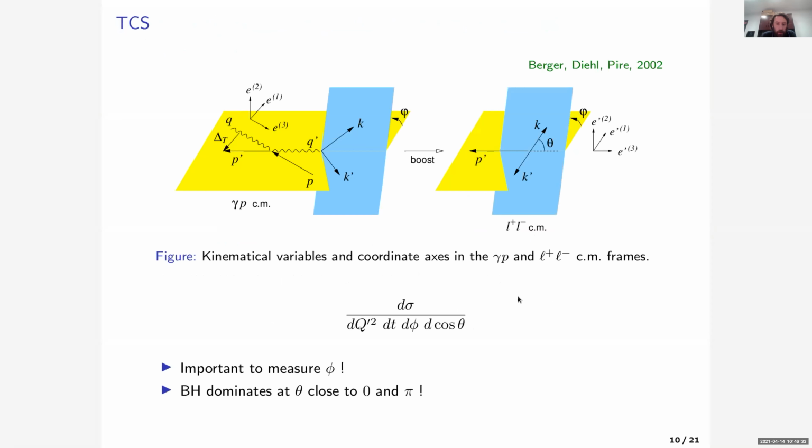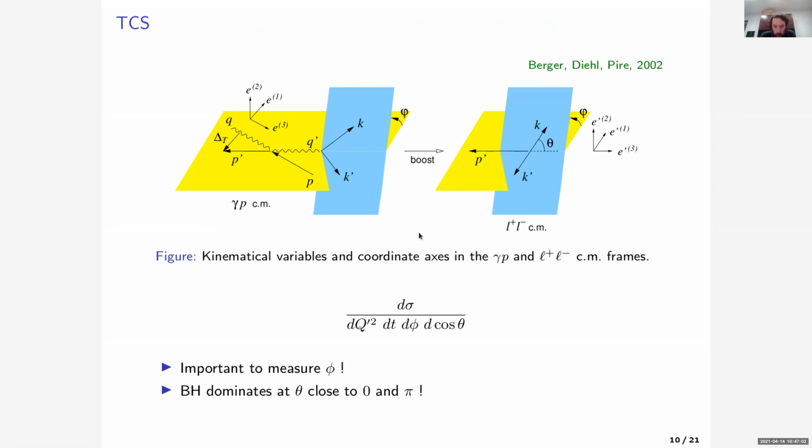To describe this cross section, we need some variables, and one of the important variables is shown here. This is the angle phi, the angle between the leptonic and hadronic plane. The other important angle is the angle between the outgoing lepton and the outgoing proton in the lepton center of mass frame.